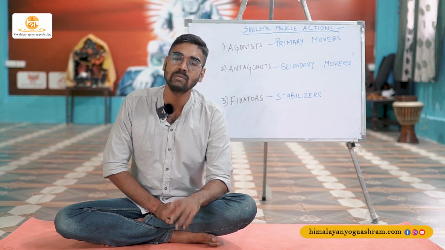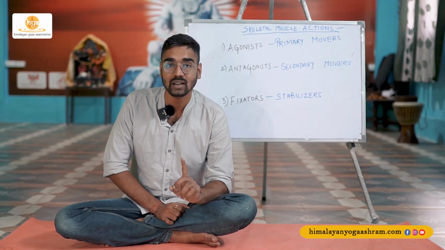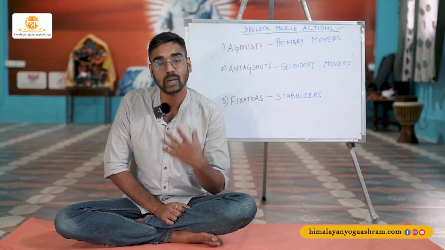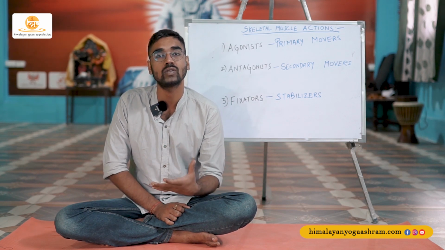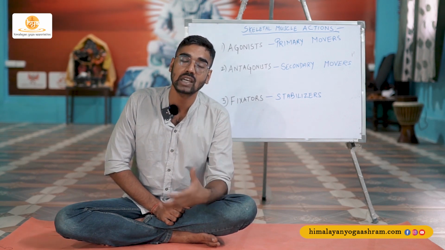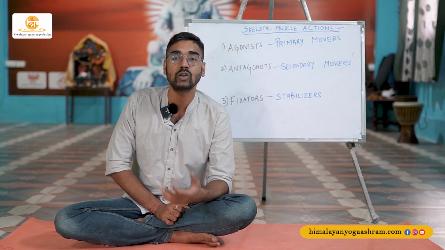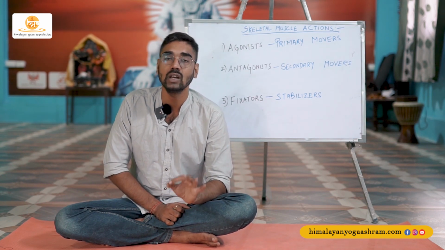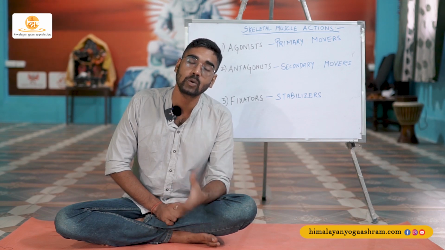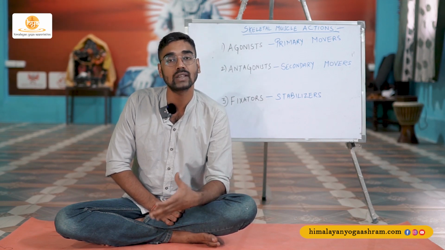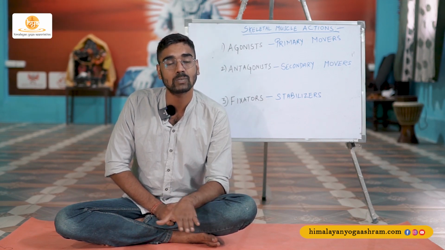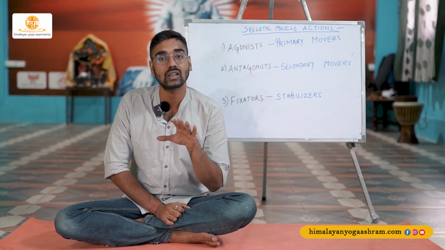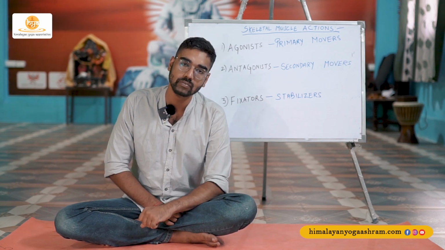But only by practicing and feeling and paying attention to how your body feels, keeping the alignment correct, you would be able to figure out which muscle is making which movement happen, which muscle is supporting the movement, or which muscle is stopping or supporting or stabilizing the pose which you are in.